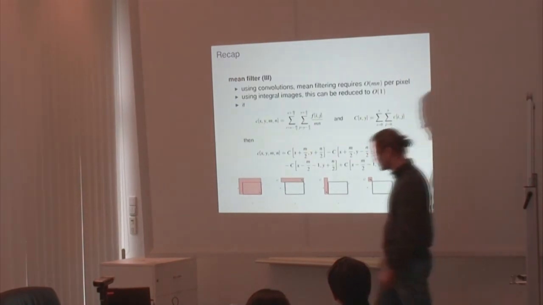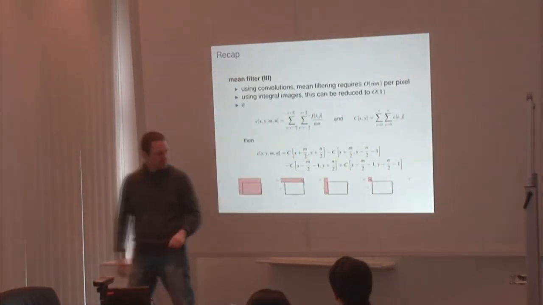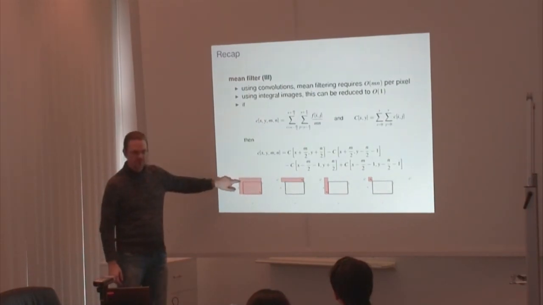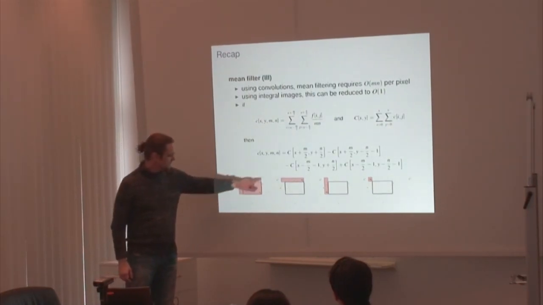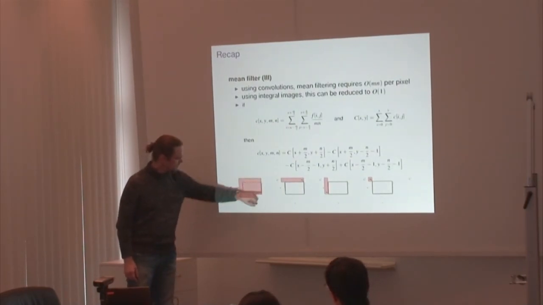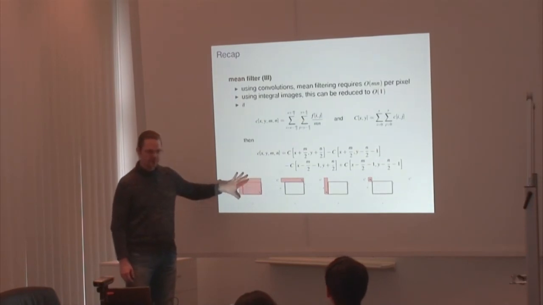I'm assuming this is a matrix representation, so the 0,0 coordinate would be here. And in capital C, this pixel contains the sum of all the values in this outer rectangle.